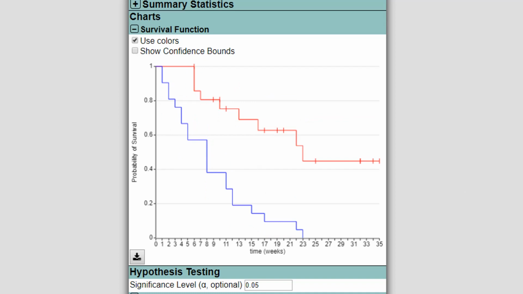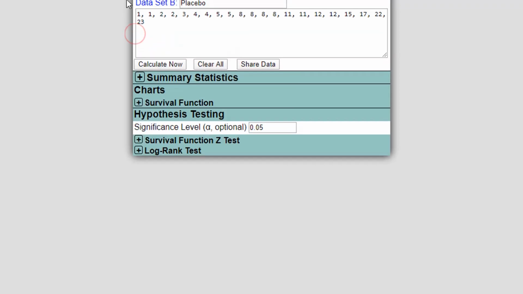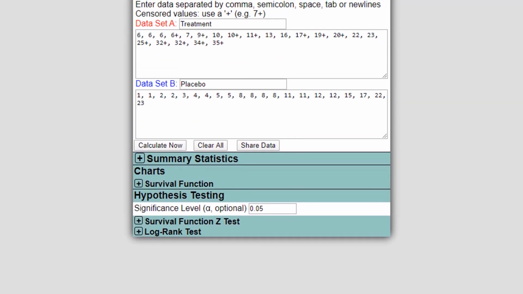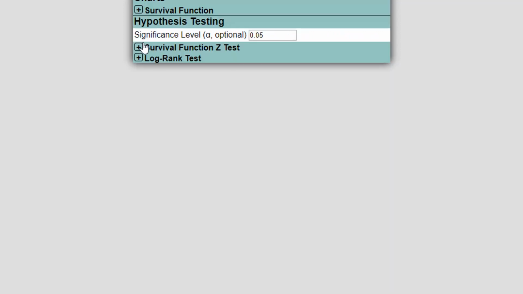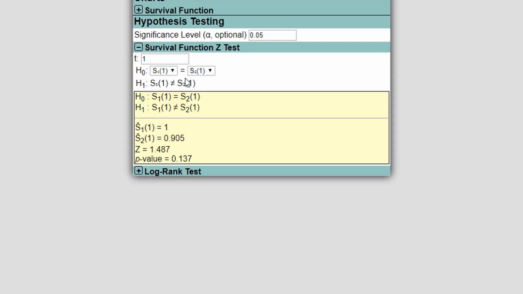Okay, so you can compare two survival functions, and then we have hypothesis testing. Let's close the data and take a look at the two kinds of tests we have. The first is a survival function z-test, which allows you to test whether the two survival functions are significantly different at a certain time.